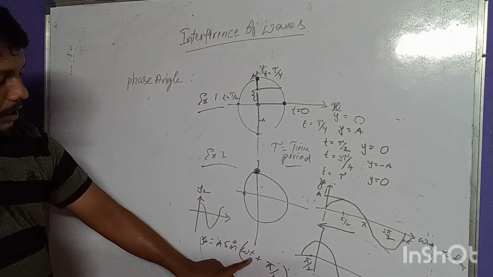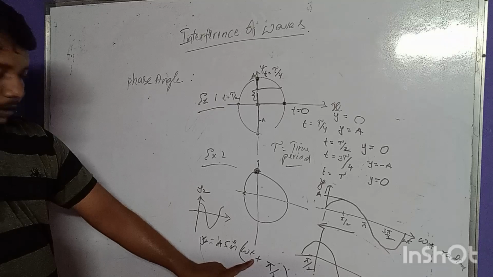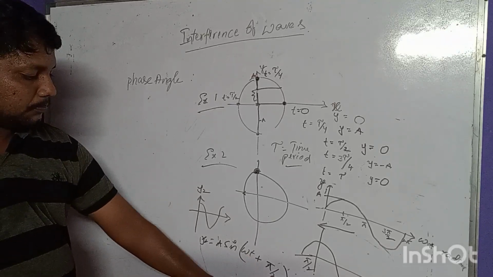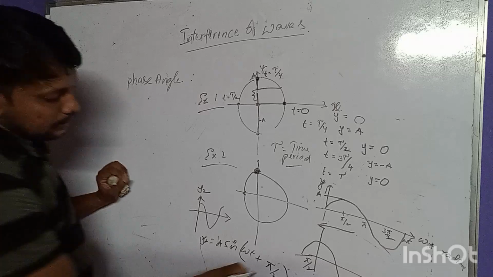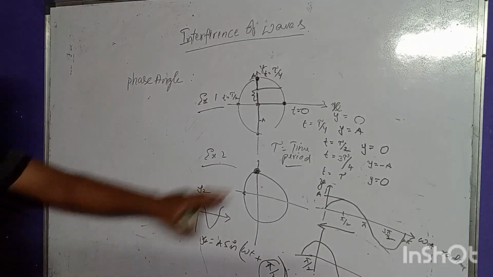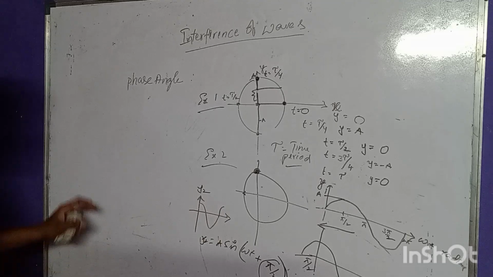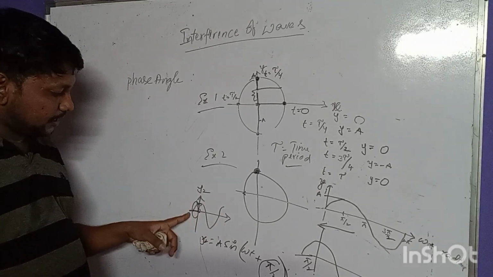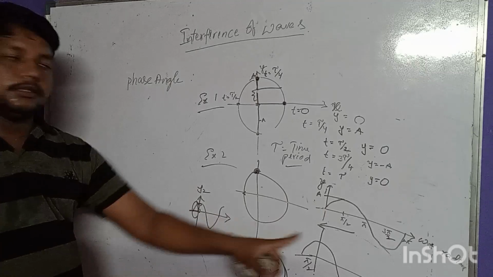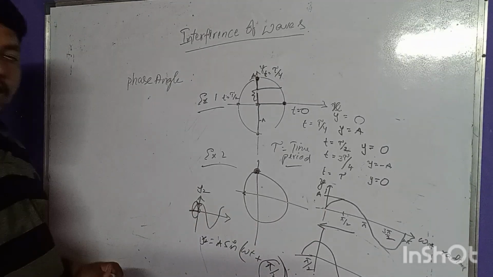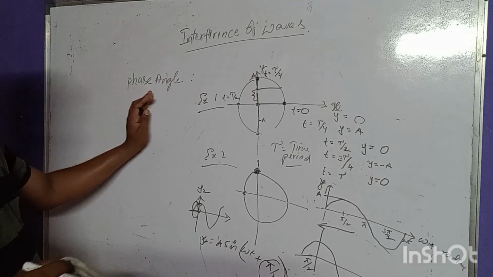Here radians, so omega t plus π/2. This π/2 is the phase angle between these two waveforms, right? This is the concept of phase angle.